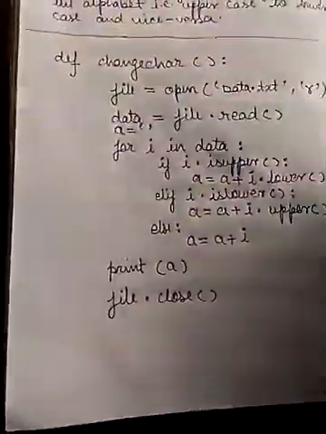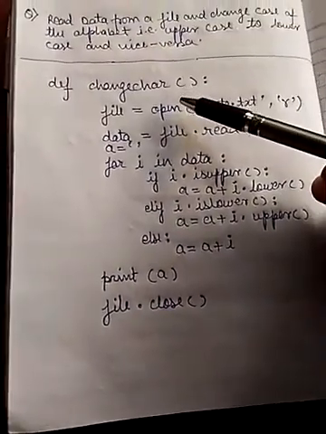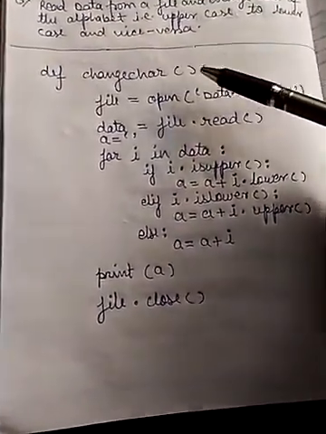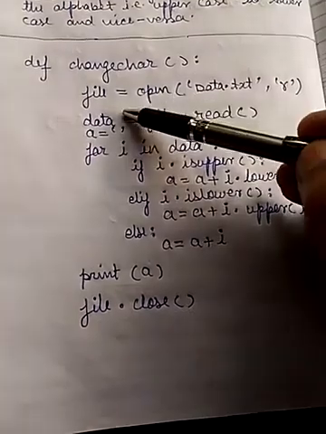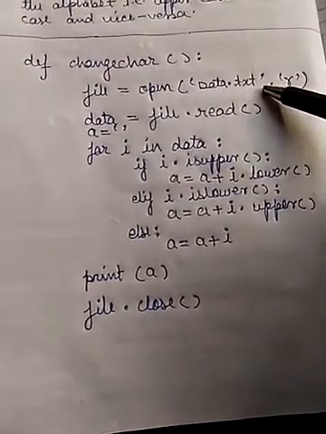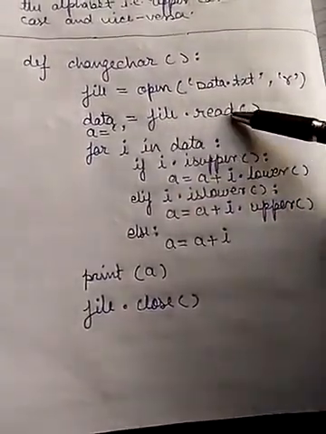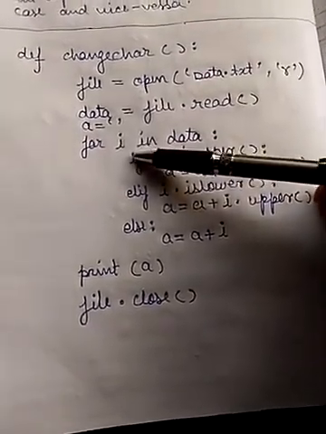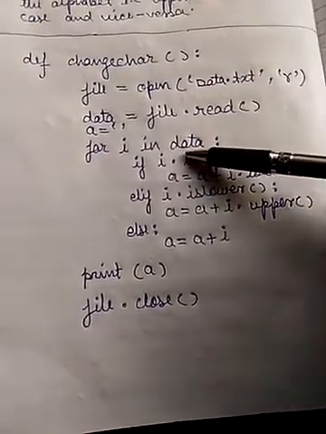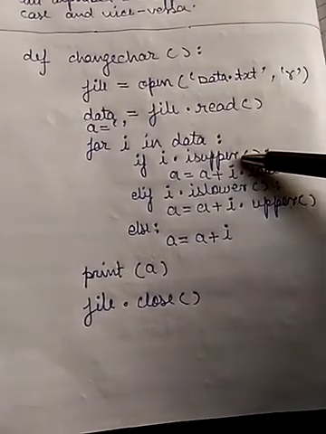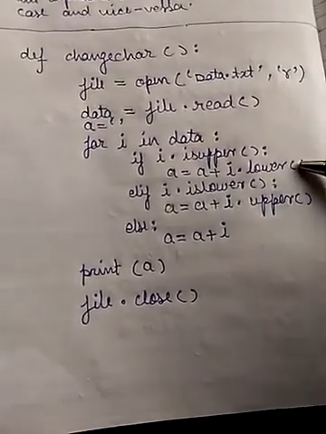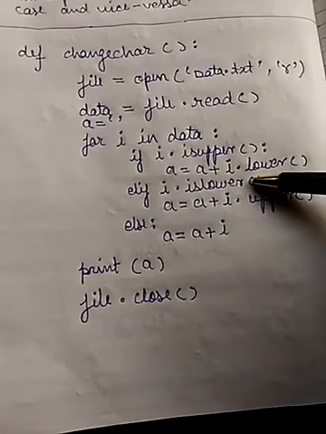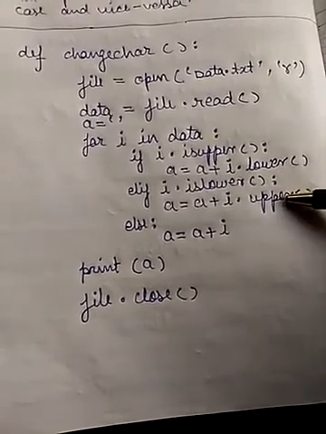In the same way here we want to change the case of the alphabet. So we have defined a function. First we have opened the file. Then we have read the data from the file. After that we have put the loop in the data. After that we are checking if it is uppercase, then it will convert into lowercase. If it is lowercase, then it is converted into uppercase.